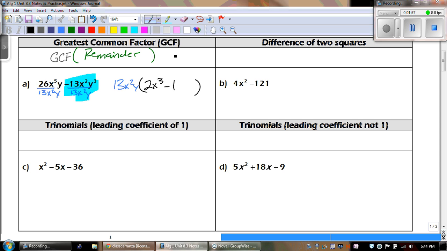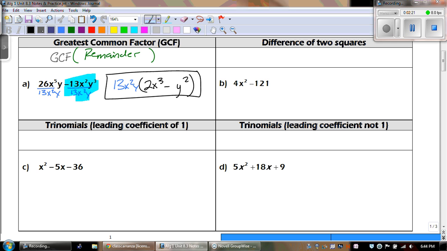And then y cubed divided by y is y squared. Okay? Now, the only thing that's different is you can either write it with the 1 or without the 1. It's whatever makes you happy. Just know that those two things are the exact same thing. Okay?